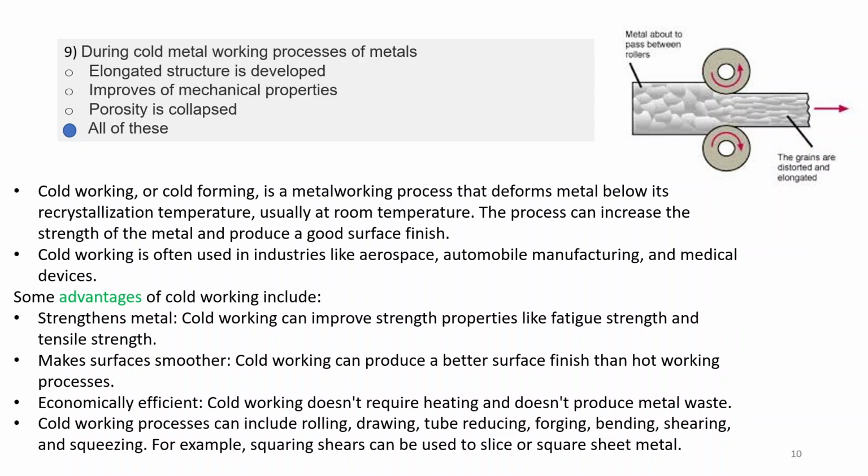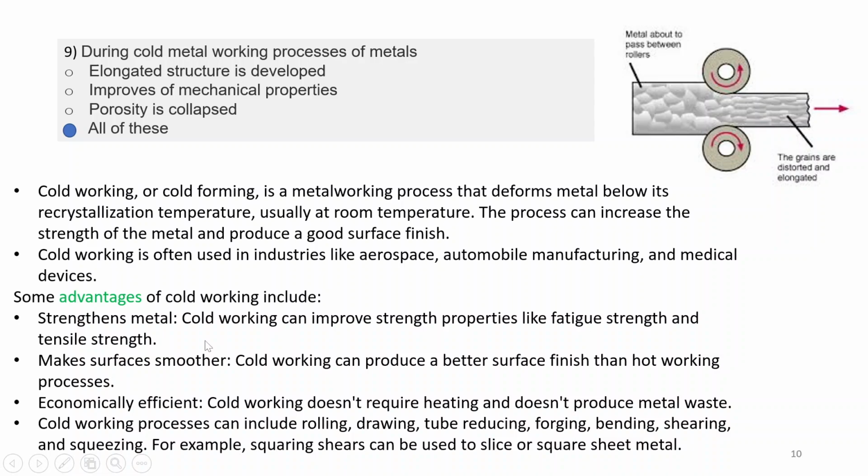Cold working or cold forming is a metal working process which deforms metal below its recrystallization temperature, usually at room temperature, and the process can increase the strength of the metal and produce a good surface finish. Cold working is often used in industries like aerospace, automobile manufacturing, and medical devices. Some advantages of cold working include strengthening of metal.